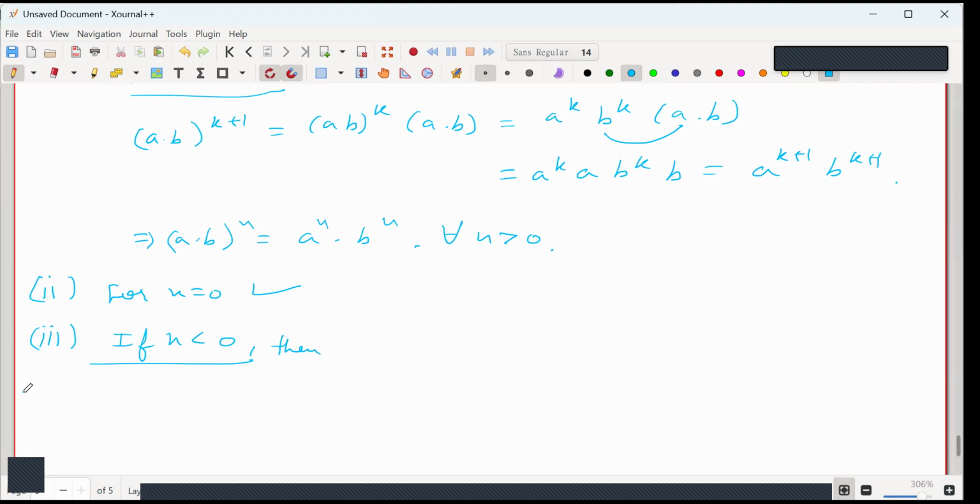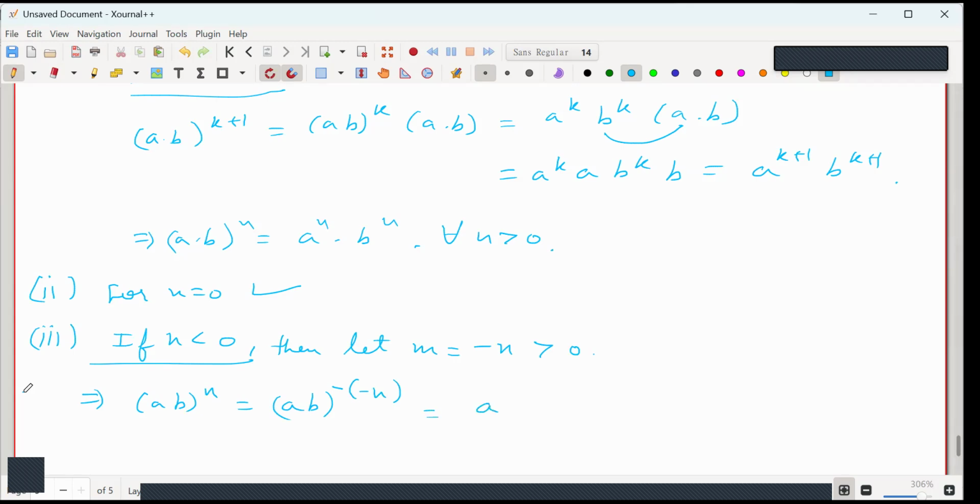Then let m equal to minus n. This is greater than 0. Then this implies (AB)^n, which is (AB) to the power of minus of minus n, right?